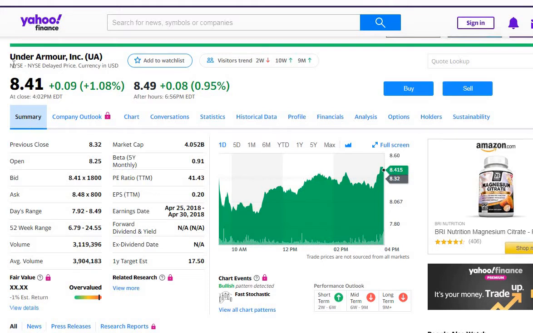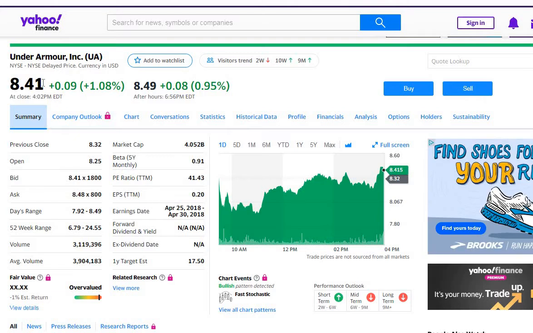But first of all, let's go up here. It says Under Armour Inc., UA. This says New York Stock Exchange, NYSE. That is the publicly traded stock exchange that this Under Armour is being traded on. So this is the current price that each stock is currently at, and this is how much it went up and down in that day by the close of the business day, and this is what has happened after hours.